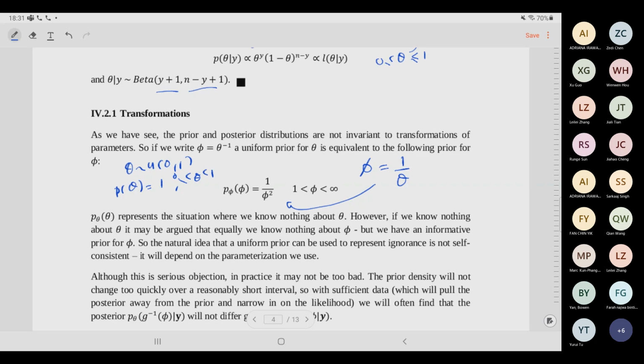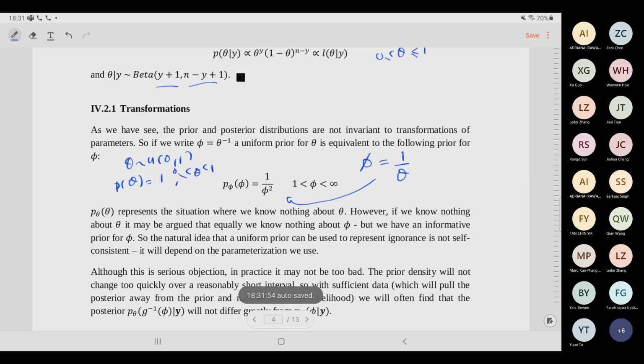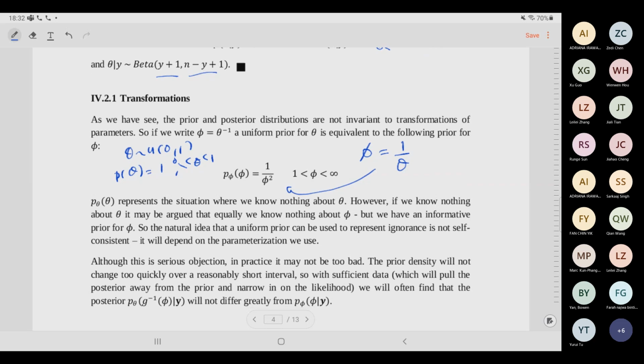However, now with phi equal to 1 over theta, even if I use a flat prior for theta, my phi has a non-flat PDF as a distribution. We have an informative prior for phi, but our theta is non-informative.